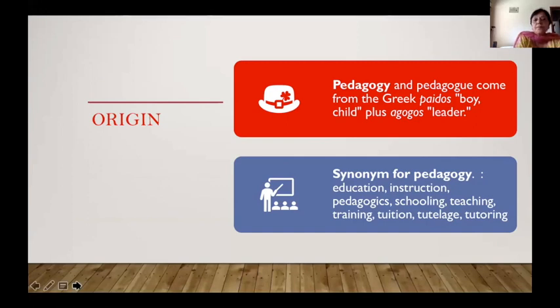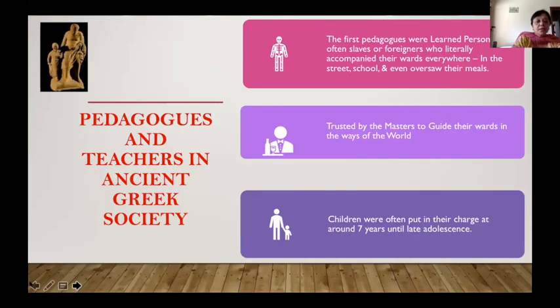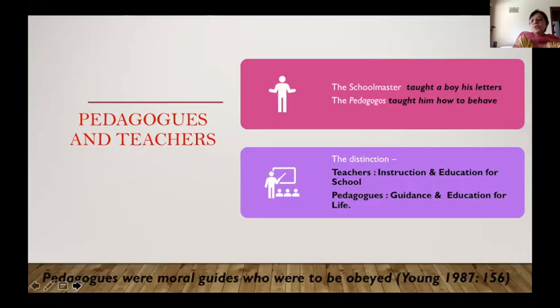Now, if you look at the origin of the word, it comes from the Greek word pedios, meaning boy or child, and agogos means leader. So basically, pedagogy means a leader of a child. If you look at the history of pedagogy, in the ancient days, there was a lot of distinction between pedagogues and school teachers.